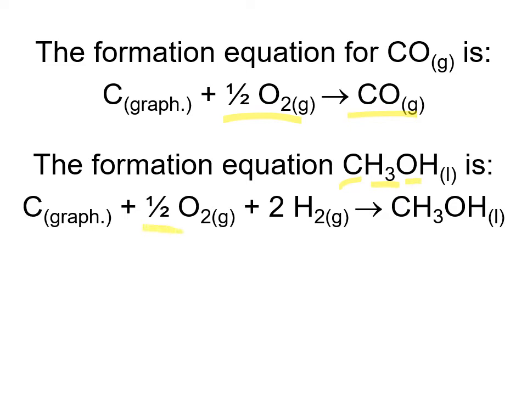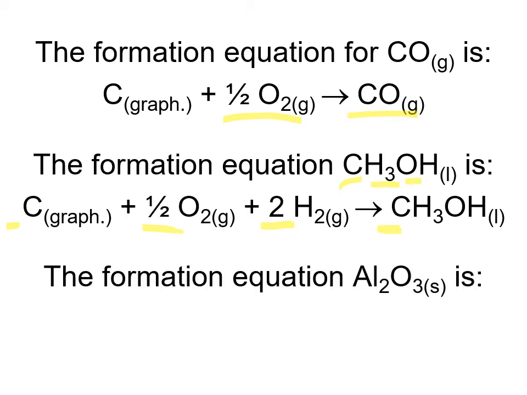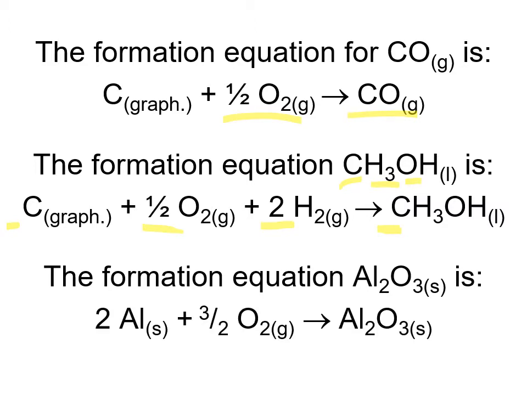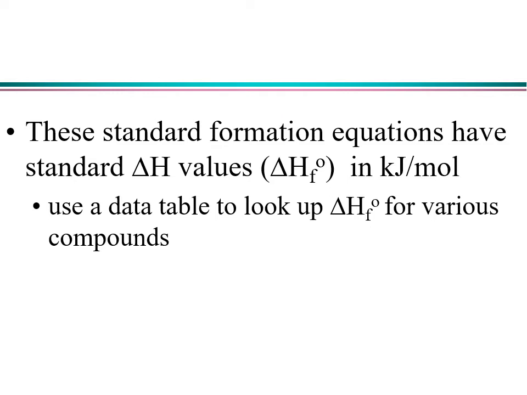So the coefficients you end up putting in front of your reactants have to balance out to give you 1 mole of product. If it was for aluminum oxide, again, just 2 elements, put them in the right state. Make sure that they balance out to give you 1 mole of product. And what you have is a formation equation. So these standard formation equations have particular delta H values.